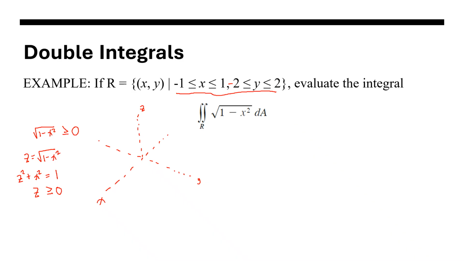Let's say this is our -2, and this is our +2. And our x must be from 1 to -1. That is 1, and you have -1. And then we have here z equal to the square root of 1 minus x squared, meaning you have something like this.